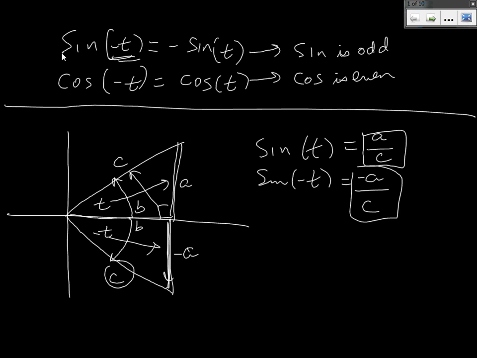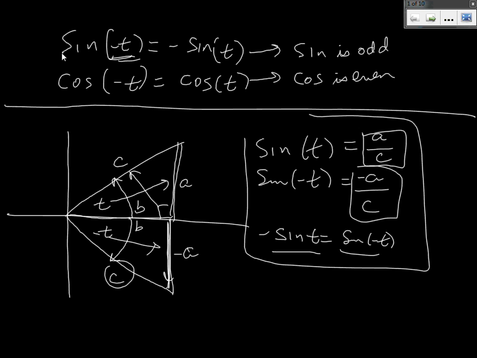A over c and negative a over c differ by a sign. That is, the sine of t and the sine of negative t are not equal. That minus sign comes out in front. I can put the minus sign on either side of that equal sign. Think about why. So we prove that in quadrant 1 this identity up here is true for sine.